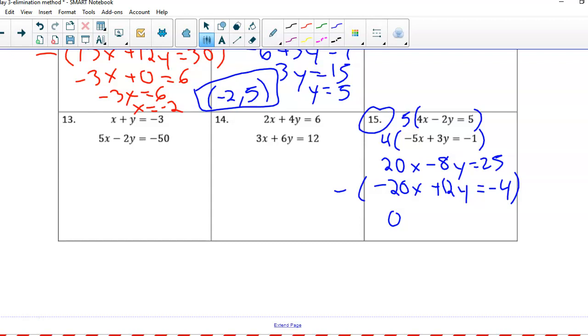Negative 8 minus 12 is what? Say that again, sorry. Not 21. 20y. Yes, but negative. And then 25 minus negative 4. 25 minus negative 4. 29.